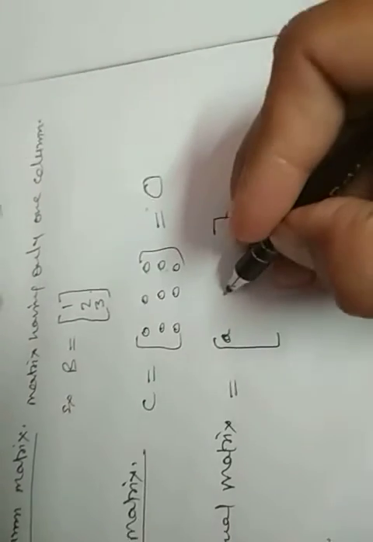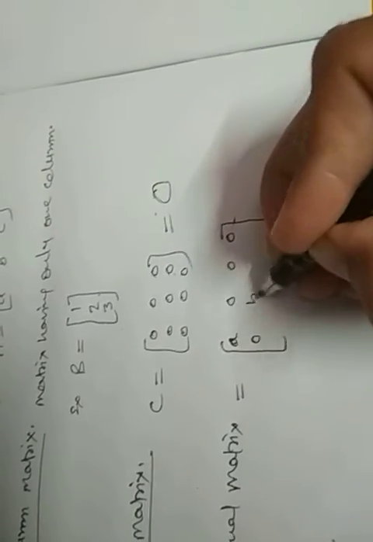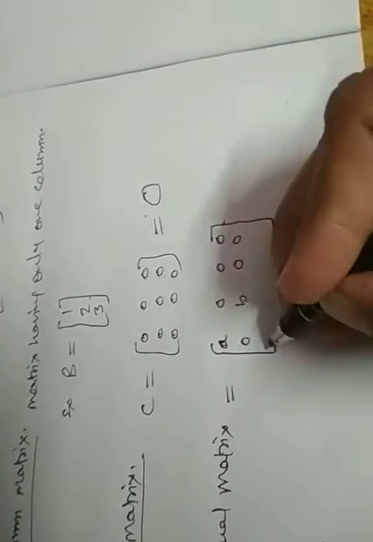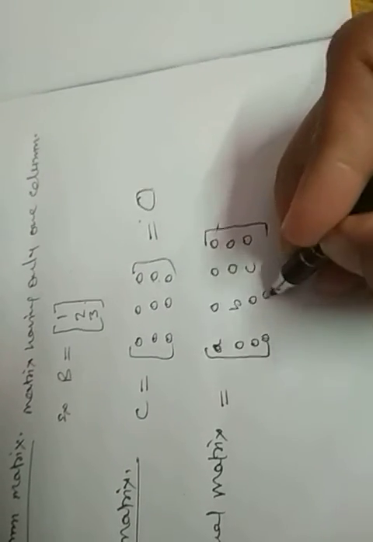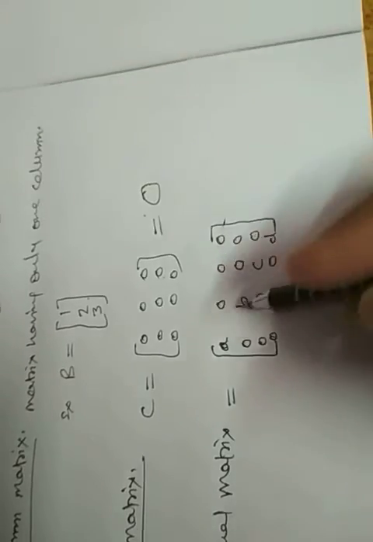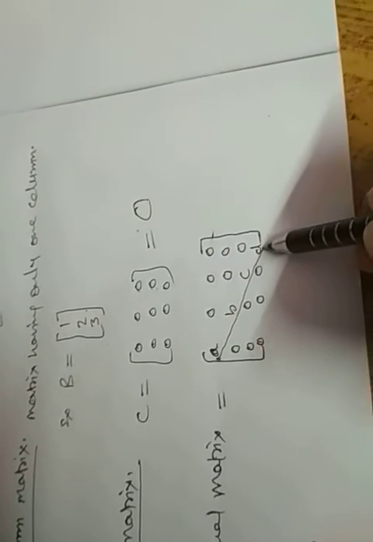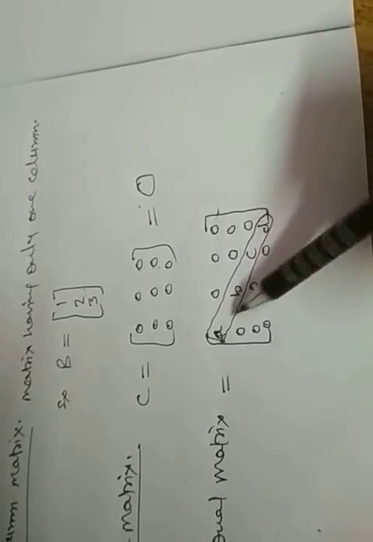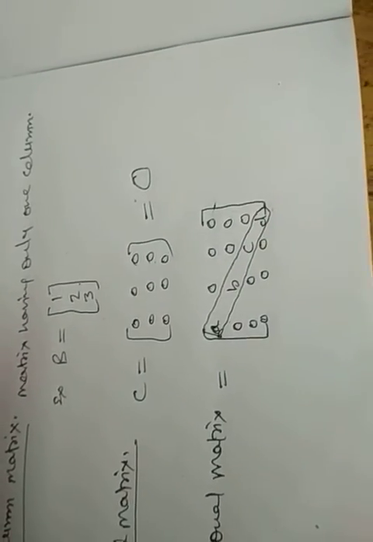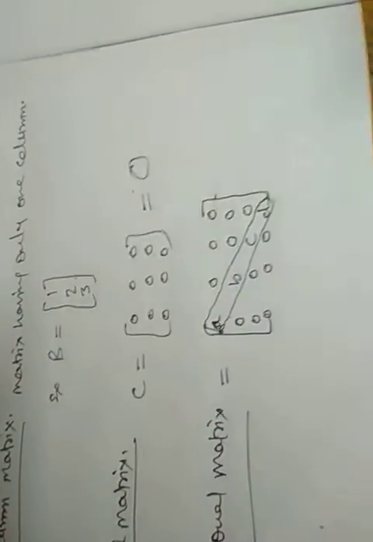So let it be like this: 0 0 C 0 0 0 0 D. From the upper left corner to the lower right corner the elements are written. That is the main diagonal. And when the other elements are 0 and only diagonal elements are there, that is a diagonal matrix.